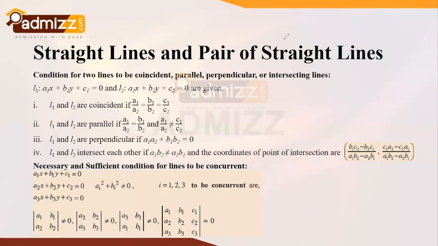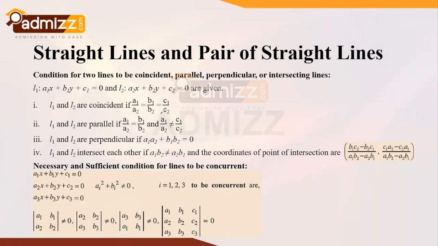Then the next condition is for L1 and L2 to be parallel: if and only if a1 upon a2 is equal to b1 upon b2, but a1 upon a2 is not equal to c1 upon c2.